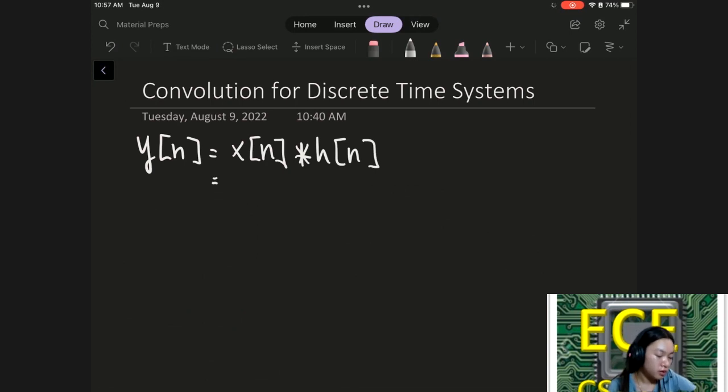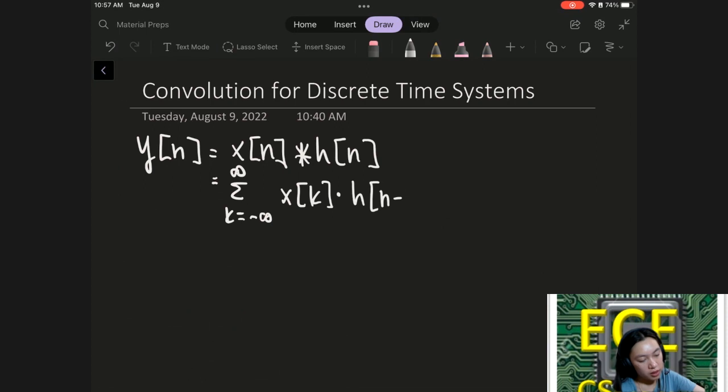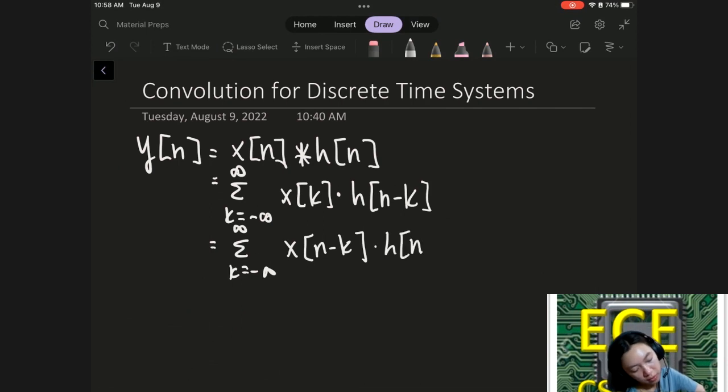This is actually the sum over k from minus infinity to infinity of x sub k times h of n minus k, or the summation over k from minus infinity to infinity of x of n minus k times h of n.